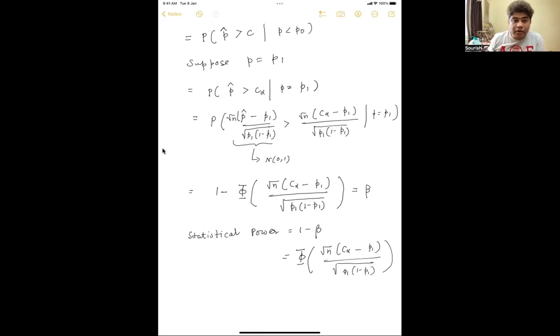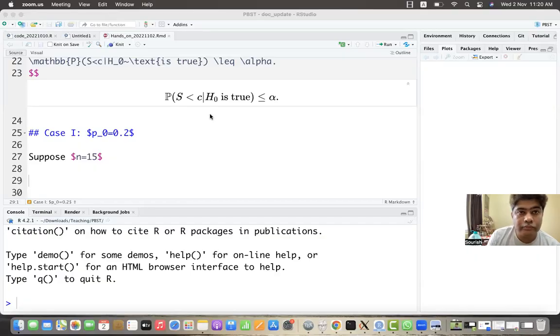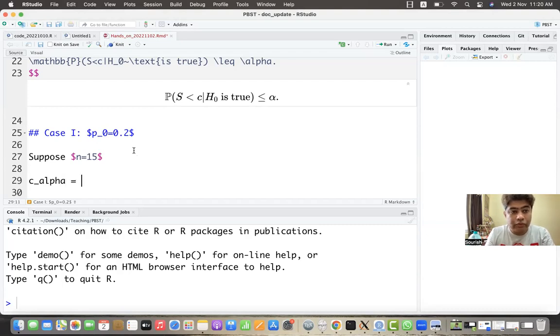Anybody have any doubt in this? Okay, if not, then I will just. So now what I will do first, for n equal to this, I will calculate the C alpha. So what is C alpha?